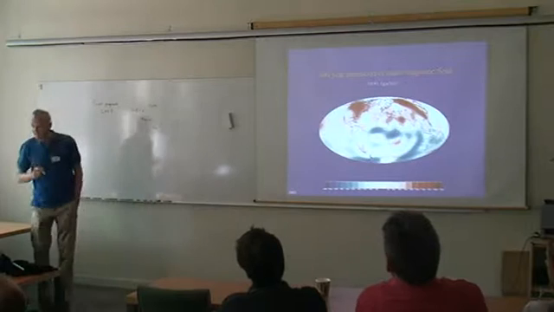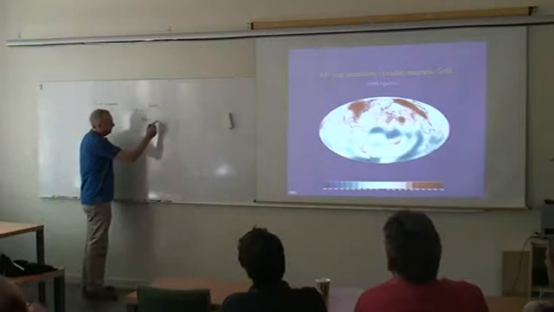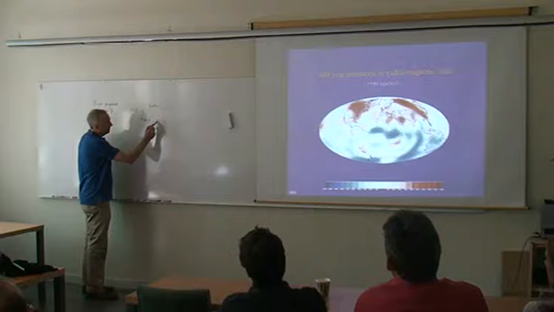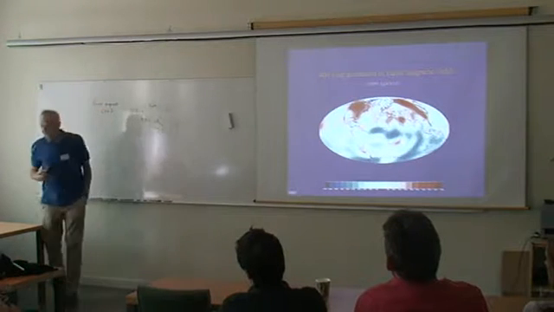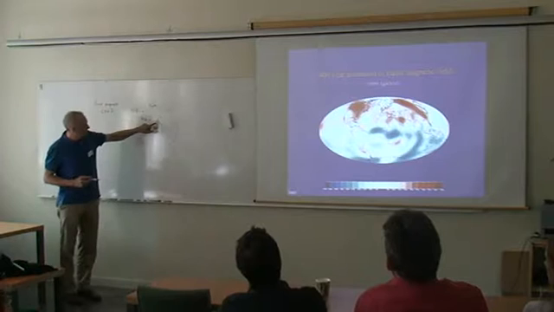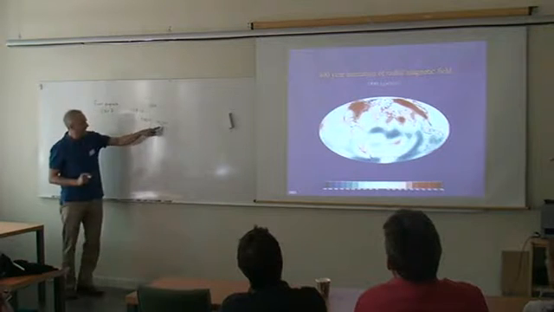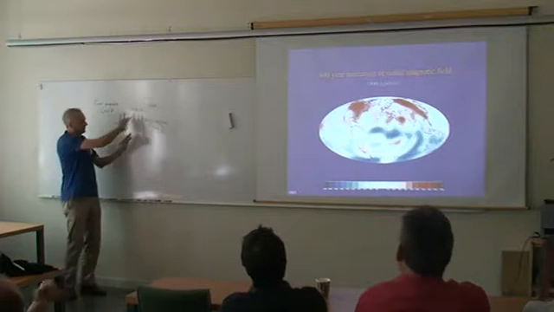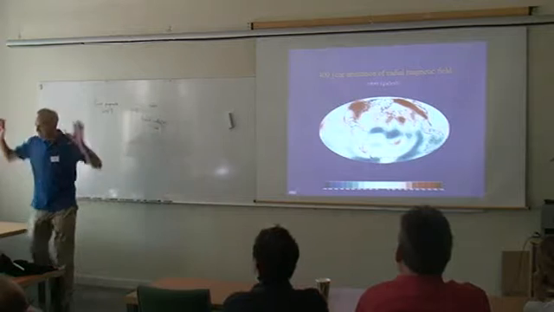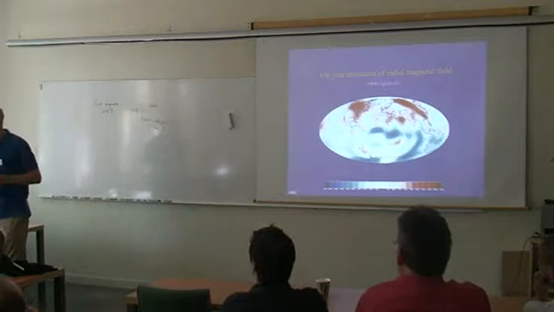And I simply want to reconstruct, this is what we're looking at now, the radial component of the magnetic field here on the surface of the core. So I just have a simple inverse problem where I want to reconstruct B_r as a function of theta, phi, and t on that surface, given all that sporadic data all over the Earth's surface.